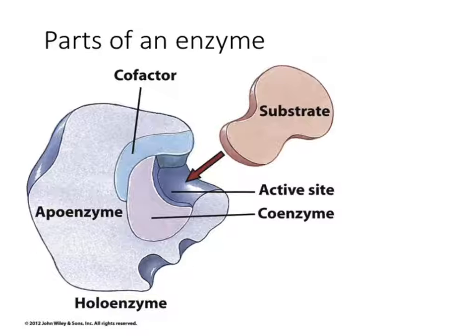Some cofactors like magnesium, iron, some of them are also involved in redox reactions. In particular, those complexes within the electron transport chain that we'll talk about on Wednesday have iron. And the iron there is to collect electrons and then hand them off to the next molecule in the complex.